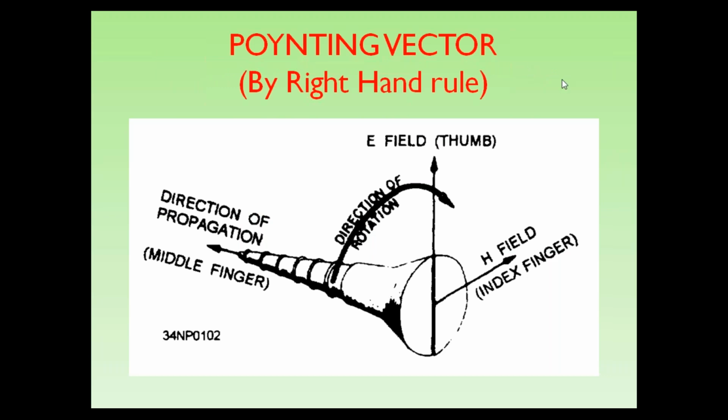This is done by the Poynting vector. As you can see, the Poynting vector uses the right hand rule.